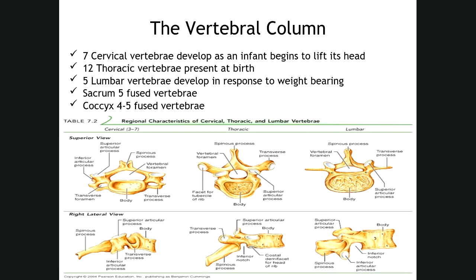The foramen widens, the bodies become wider. Then the thoracic is a little smaller than the lumbar, and we have our smallest one, the cervical, which provides the most mobility. We're going to be looking at the mobility at each level so that you can see how it differs all the way up from the cervical to the lumbar spine.